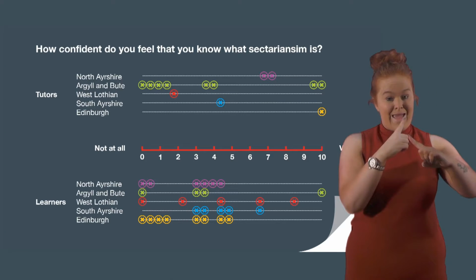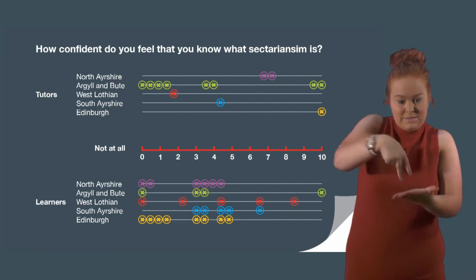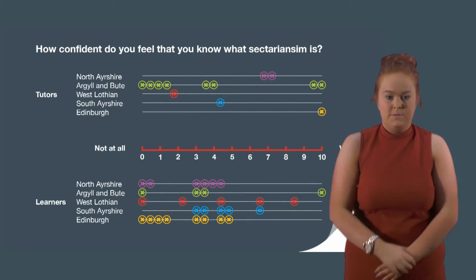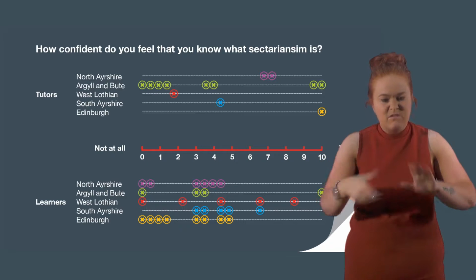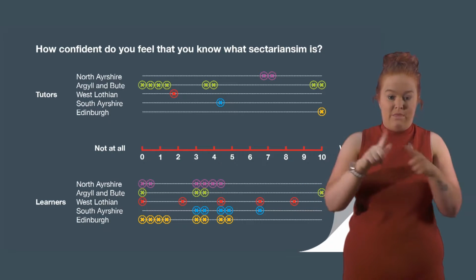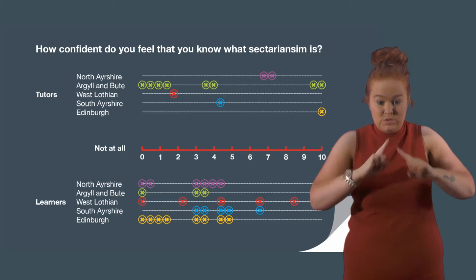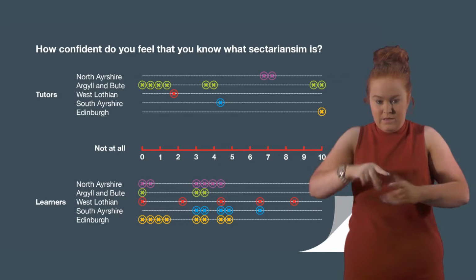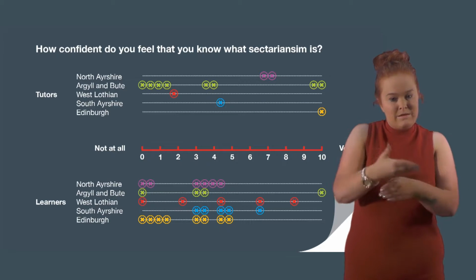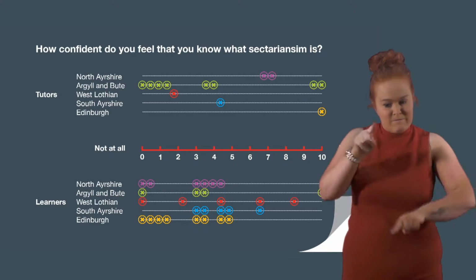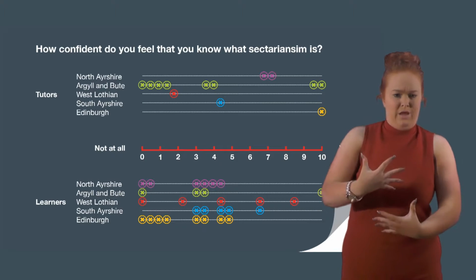And then down the side of the graph you'll see there are the names of various communities, and these are places that we visited and did this activity, and the crosses each represent one person and where they stood on the continuum. Something you'll notice about this particular graph is, for example, in the Edinburgh group, there was a big difference between where the learner stood and where the tutor stood.